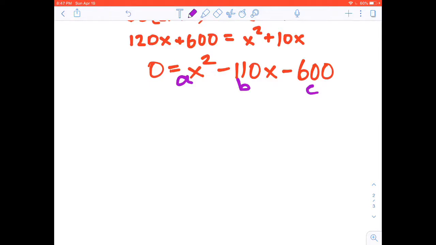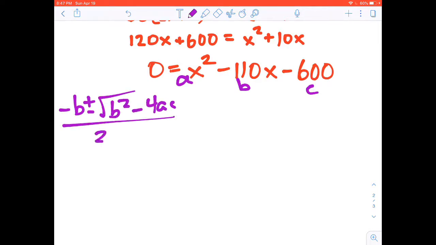But remember the quadratic formula, negative b plus or minus the square root of b squared minus 4ac all over 2a. So if I'm putting this in the quadratic formula, negative b, so negative 110 is 110, plus or minus the square root of negative 110 squared.